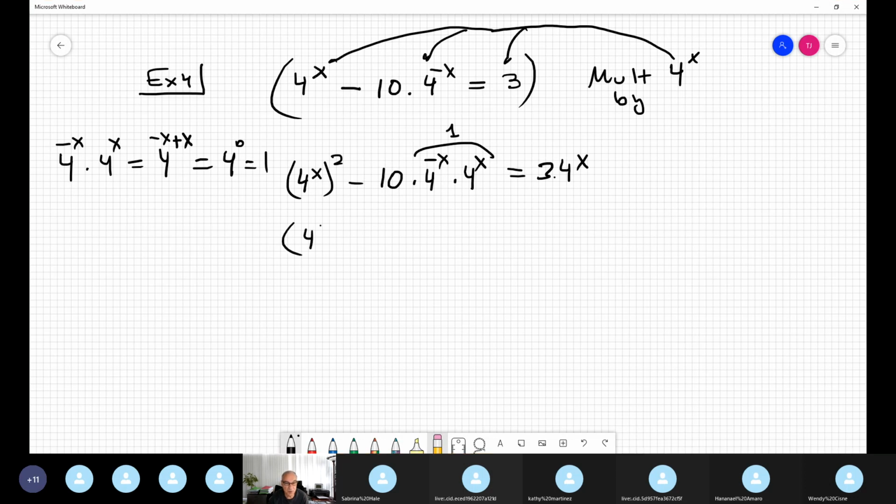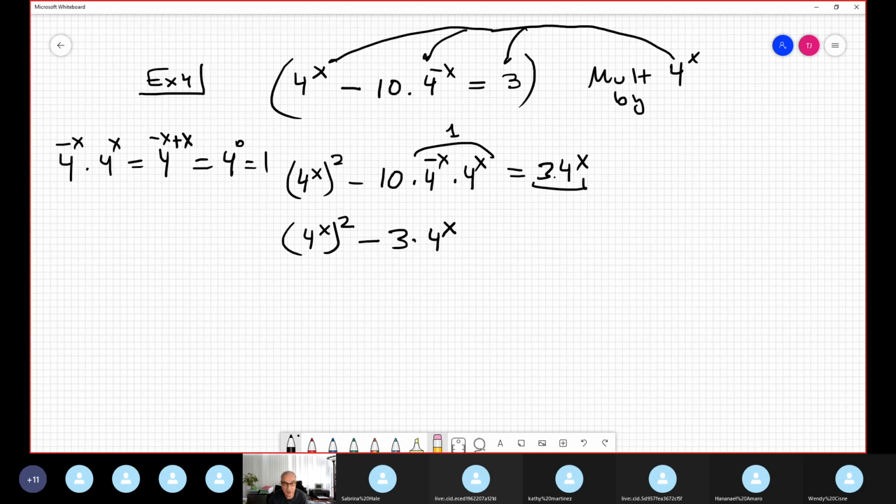This is 4 to the x squared minus 3 times 4 to the x minus 10 equal to 0, because I realize that this equation is quadratic in 4 to the x.